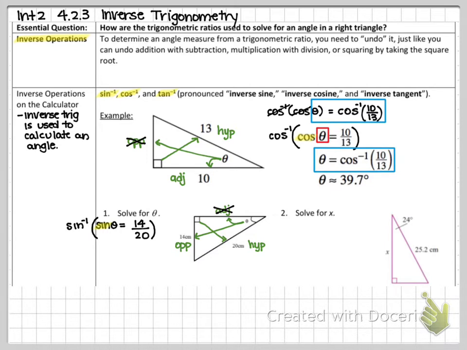If we put it on the left-hand side, and then we apply it on the right-hand side. We know on the left-hand side that sine inverse and sine are inverse operations of each other, so they are going to cancel. And then we've got theta. So theta is going to be equal to sine inverse of 14 over 20.